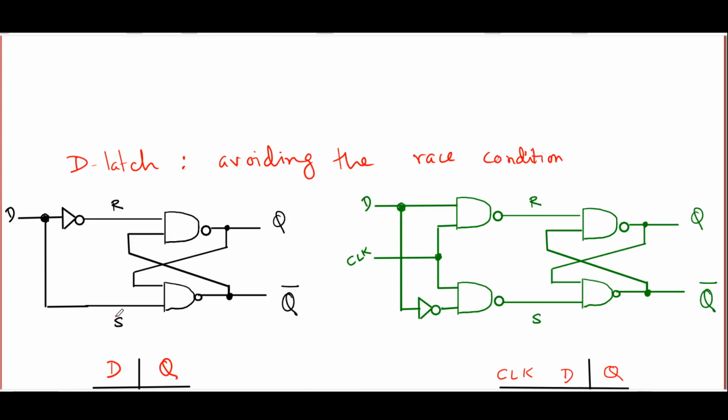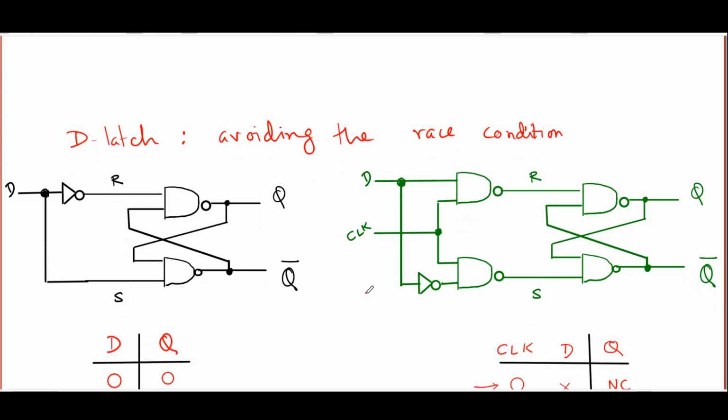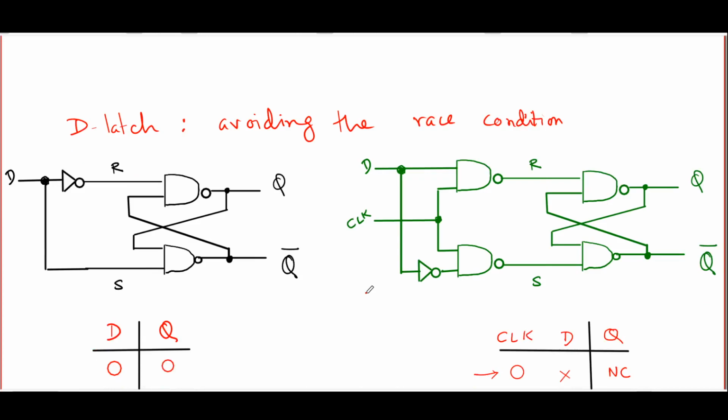But making the two inputs opposite to each other also robs you of the no change or memory condition. Indeed, the D latch on its own would have been a rather uninteresting circuit. As you can easily see, when D is low, D bar is high. As a result, R goes high, S goes low, and this circuit is reset.